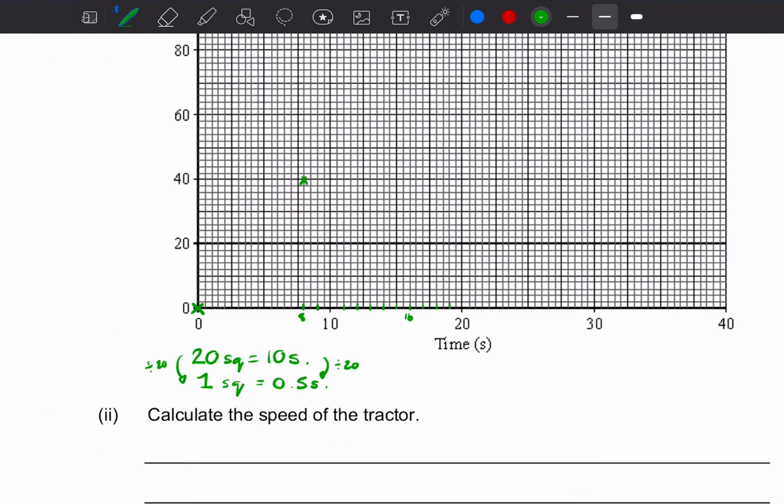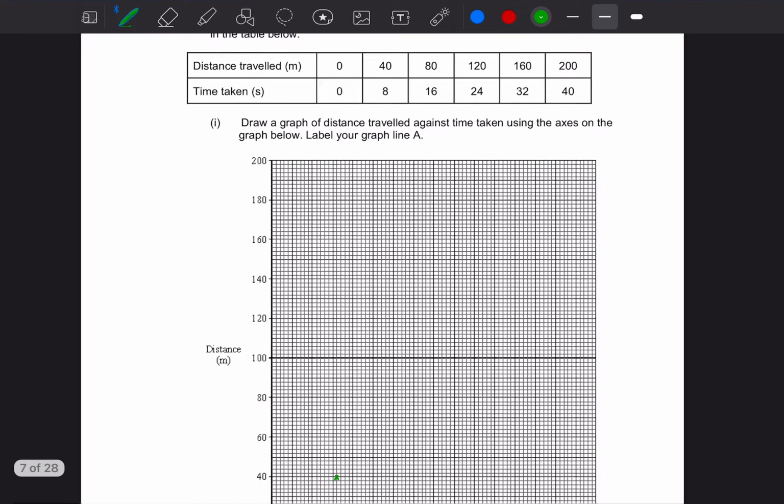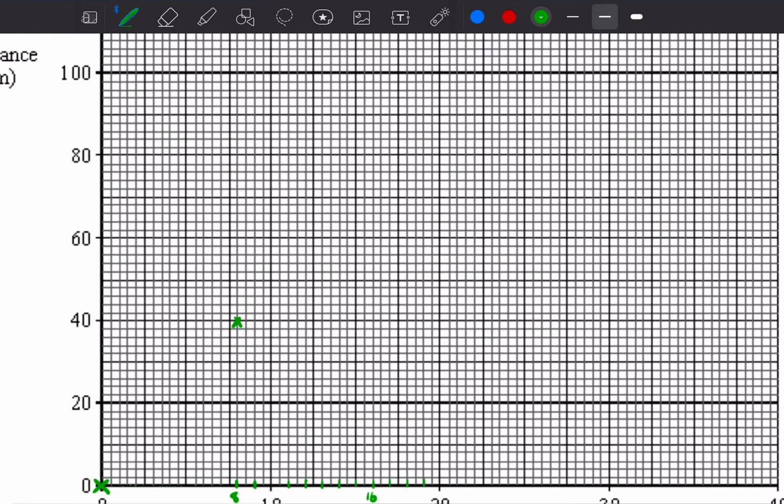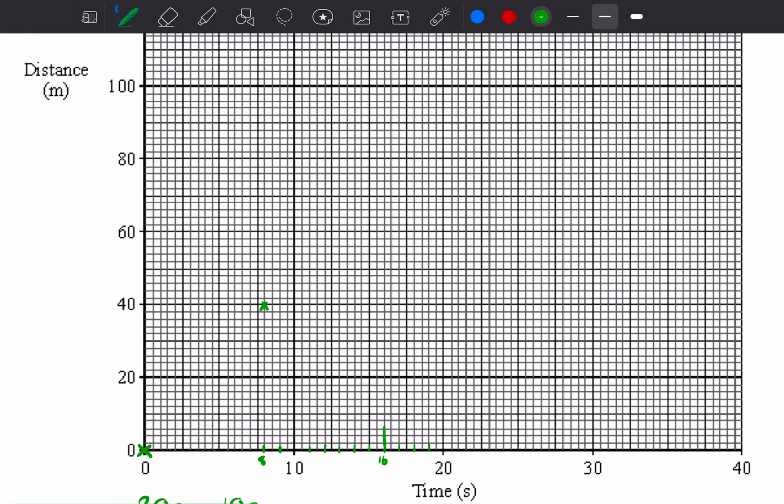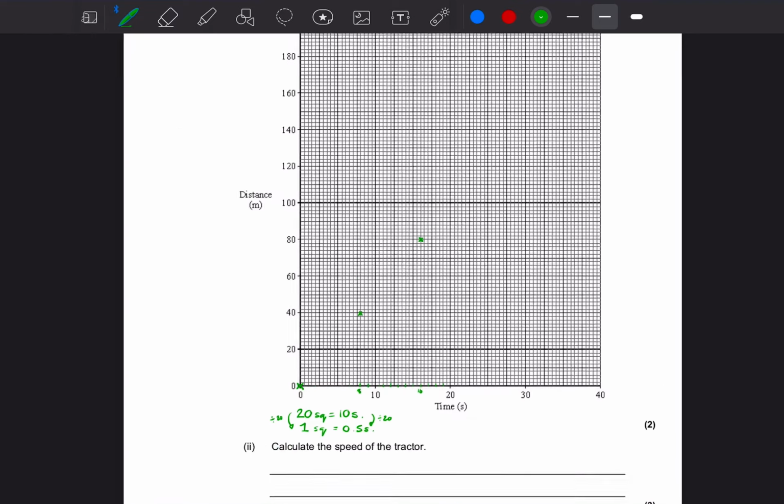So that is 16, and we want that 16 to go with 80. So again, we would get our ruler, we would place it on, and we'll draw that line up, and we can see that it's there. I'm going to get rid of that to make it less confusing. So 16 and 80.